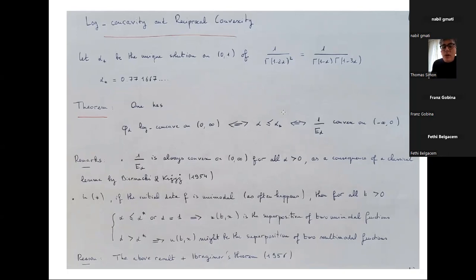So you basically consider a ratio of positive series, which is a common topic in special functions, especially Bessel functions. And there is a classical lemma by Biernacki and Krzyż, which is always used even nowadays, which makes it possible to analyze quotients of positive series. But of course, this does not work anymore when you consider the negative half line, because you have a series which alternates in sign.